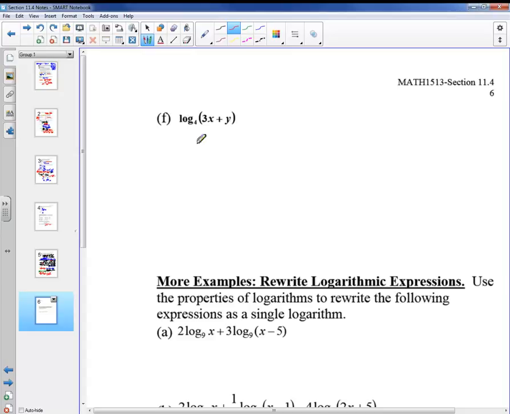And we have log base 4 of 3x plus y. But this is actually a trick question. There is no rule that allows you to break down the log of an addition or a subtraction. Even if I had log base 4 of 3x minus y.